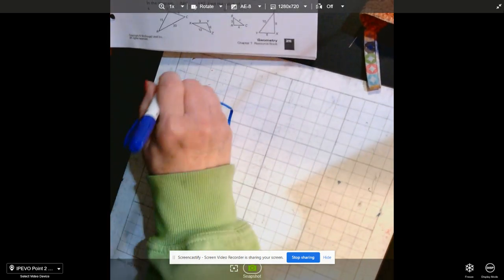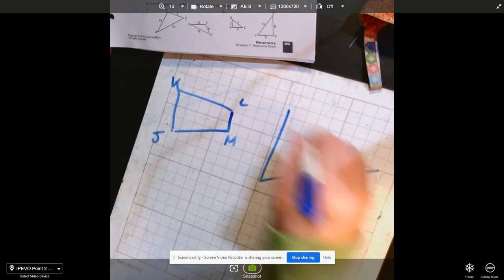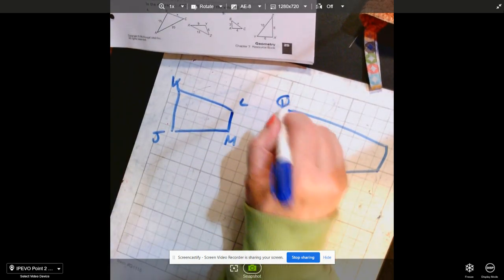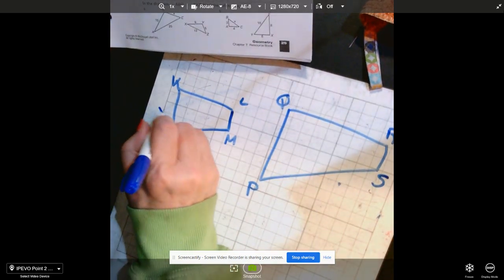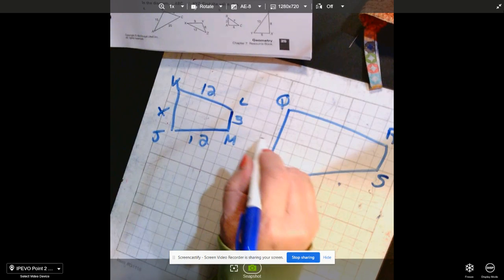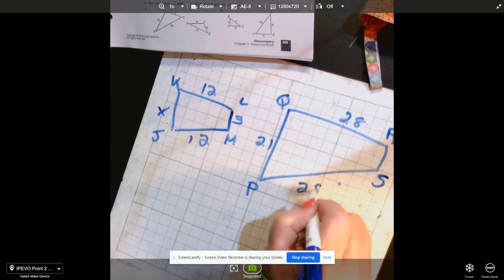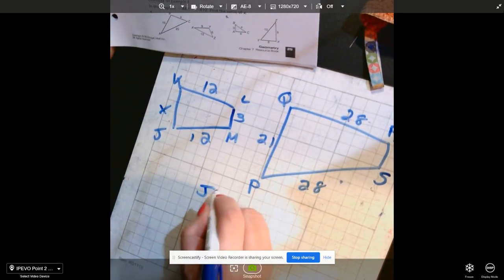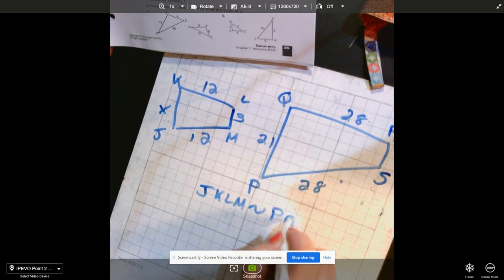We have J, K, L, M, and a bigger one where this is P, Q, R, S. And they tell me this is X, this is 12, this is 3, this is 12, this is 21, 28, 28, and 7. All right, and they tell you that JKLM is similar to PQRS.